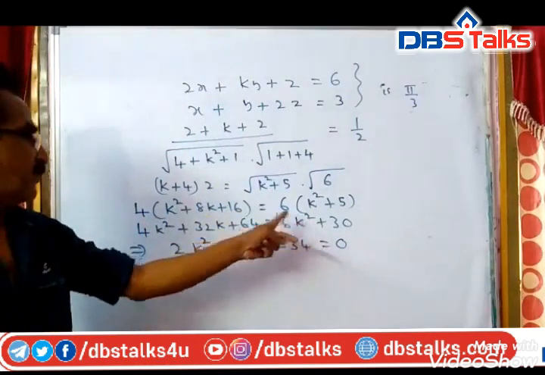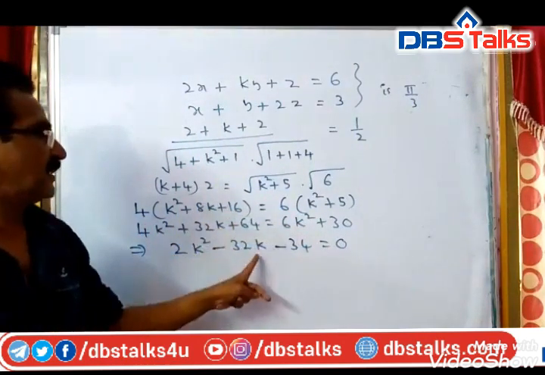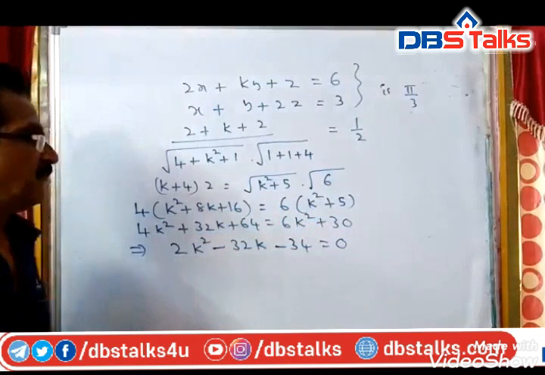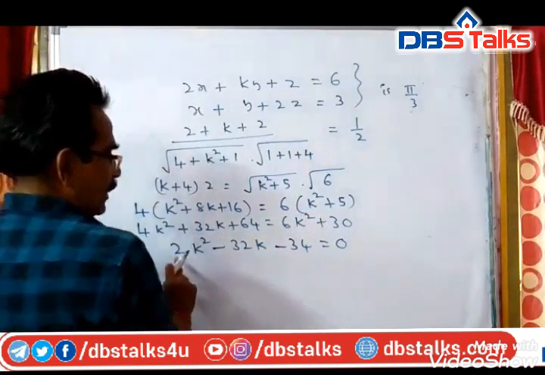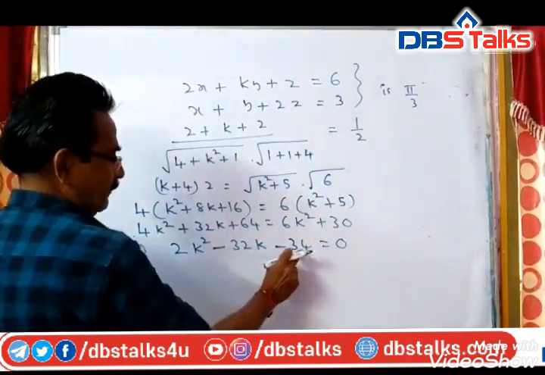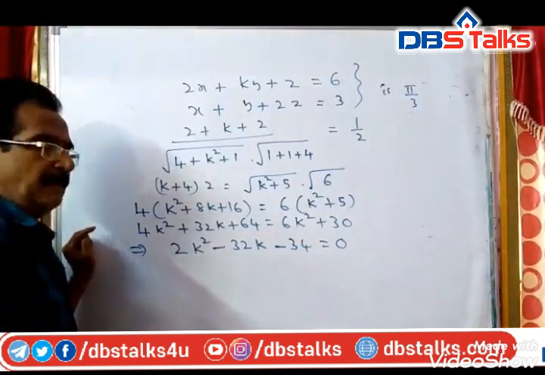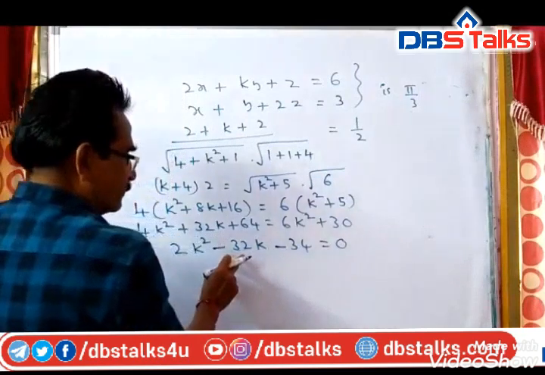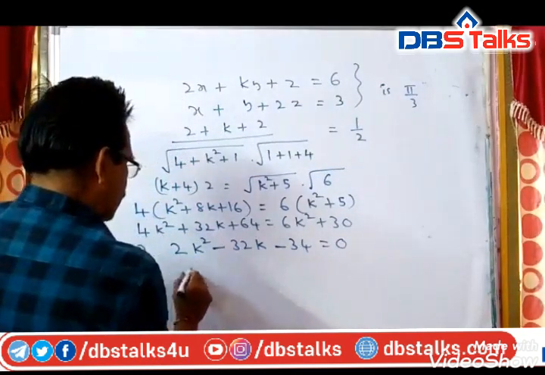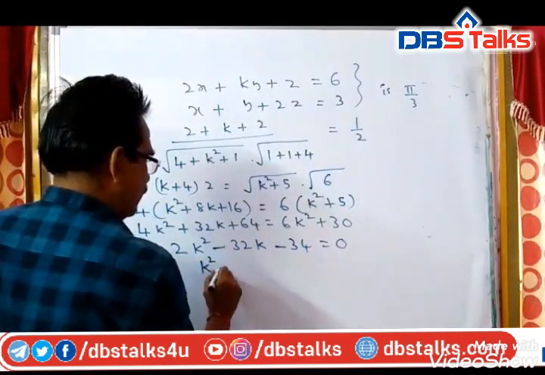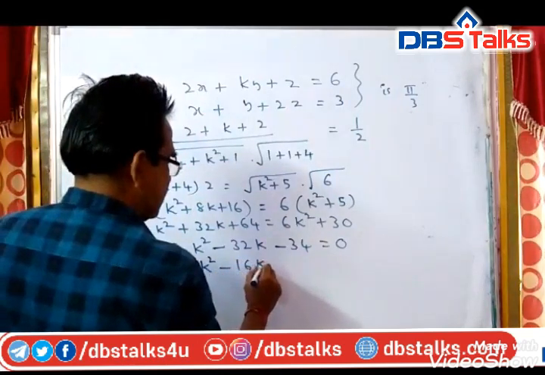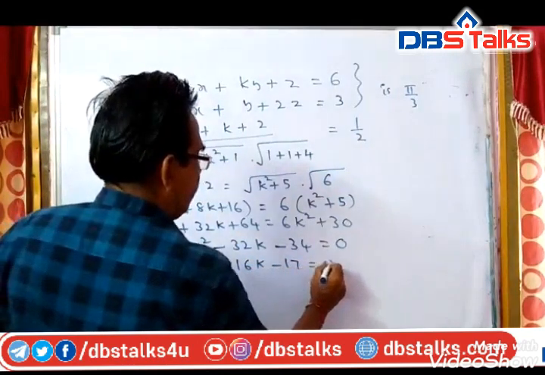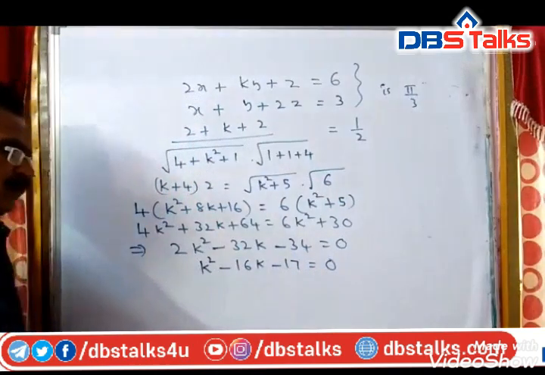So 2k square minus 32k minus 64 plus 30, that is minus 34, so the factors of 2 into 34, that is 68. So k square minus 16k minus 17 is equal to 0.